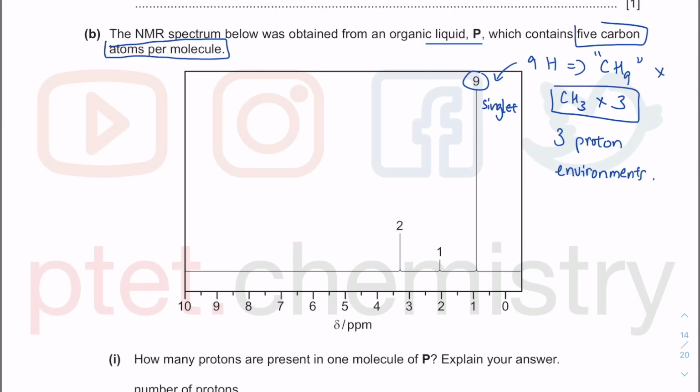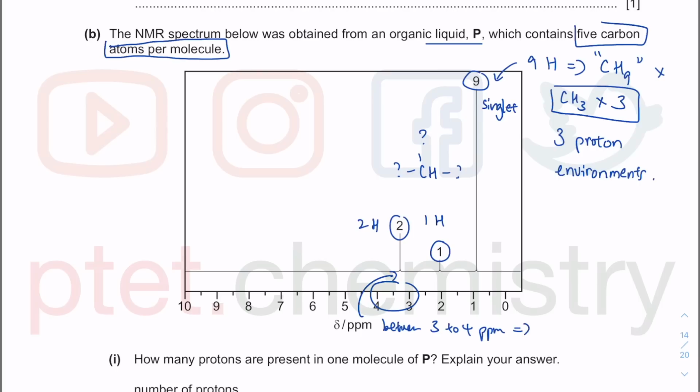What we also have is 1 hydrogen here. So this is just 1 hydrogen, so it must be CH bonded to something. We just don't know what is on the other side of it yet. And this is 2 hydrogen. It's also a singlet, and this singlet is between 3 to 4 ppm.